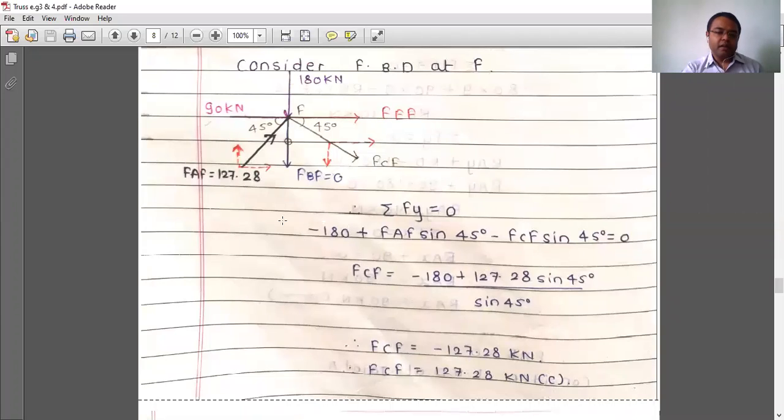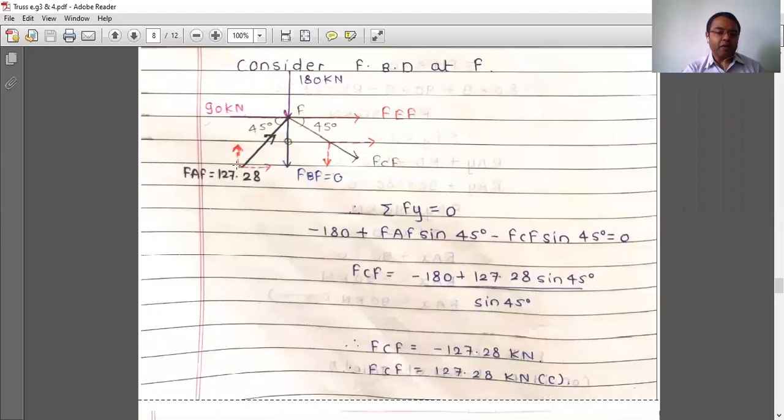Again, while considering joint F, we know the force in the vertical member is 0. We have already found that. We also know the force in member AF, which we calculated as 127.28 compression.